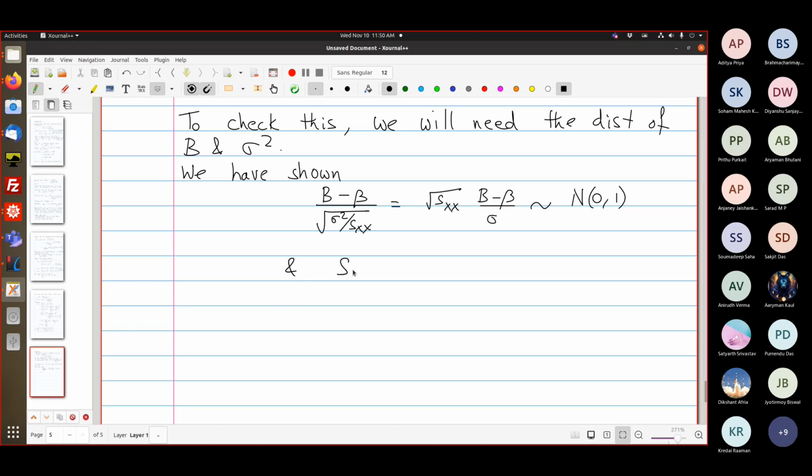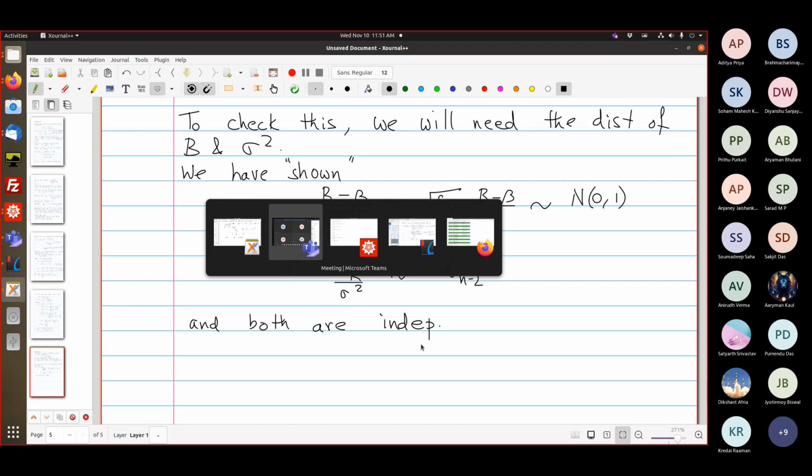And SR by sigma squared is a chi-squared random variable with n minus 2 degrees of freedom. And both are independent. I have left one as an exercise, and the other I have stated without proof.